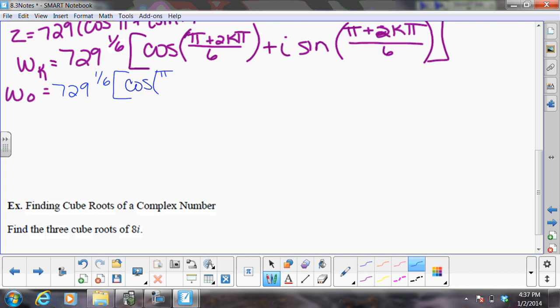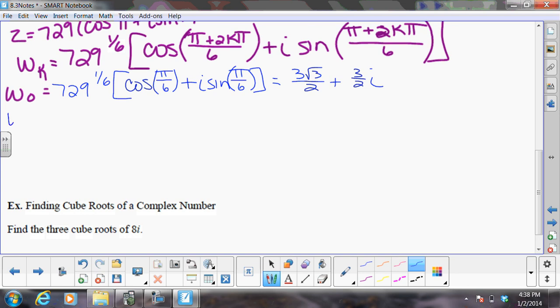So this is just pi over 6. If you actually find cosine pi over 6 times 729 to the 1/6, you get 3 radical 3 over 2 plus 3/2 i.